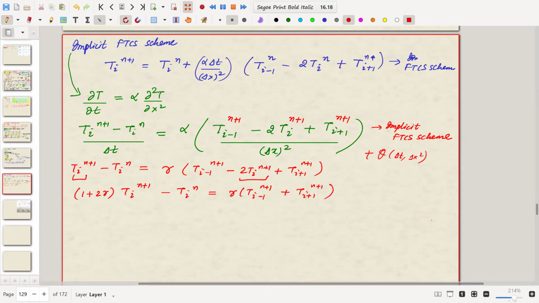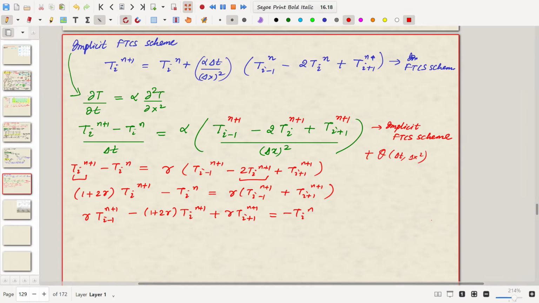Is it correct? Did I do it correctly? We can write this in a better way: R T_(i-1)^(n+1) minus (1 plus 2R) T_i^(n+1) plus R T_(i+1)^(n+1) equals minus T_i^n.